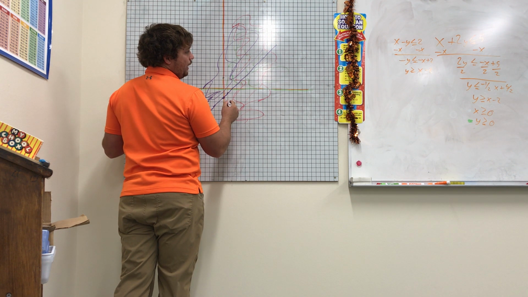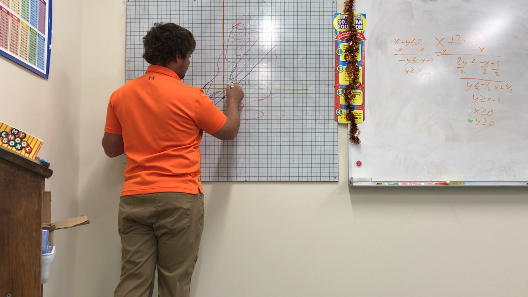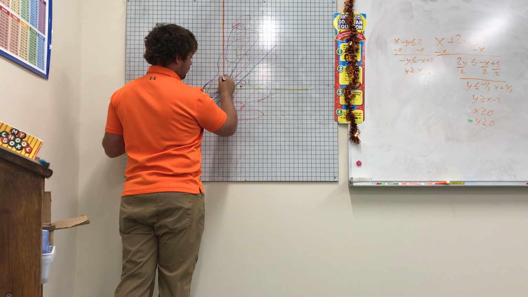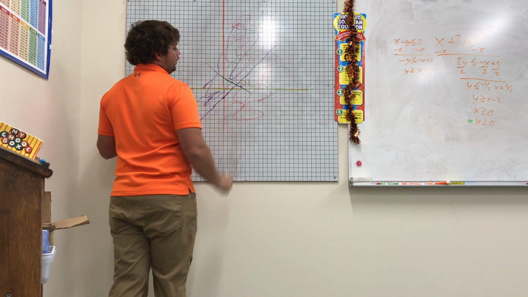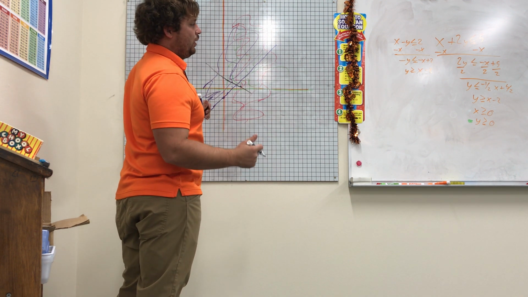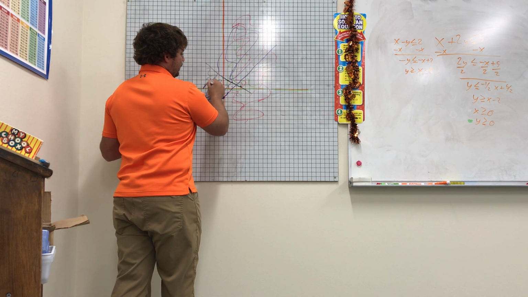Then you are down 1 over 2, down 1 over 2. Okay, and you're going to shade below because it's less than. It is a solid line now.